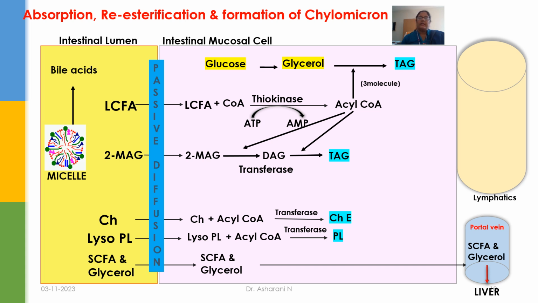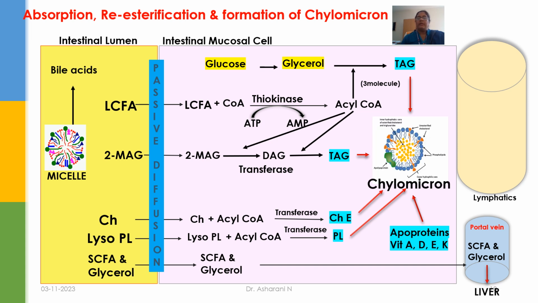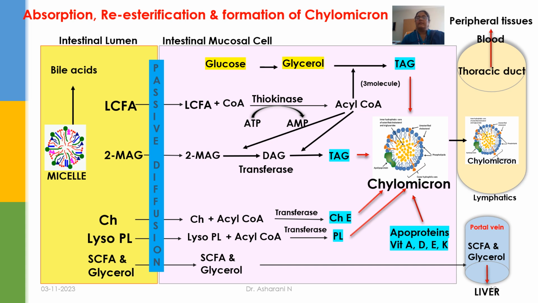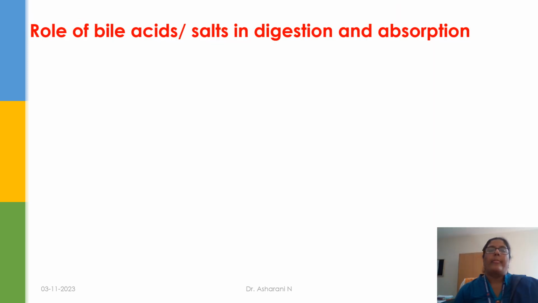All these re-esterified products, along with apoproteins and fat soluble vitamins, assemble and form chylomicrons, and these chylomicrons enter the lymphatics, that is the thoracic duct, through the thoracic duct enter circulation, and are utilized or stored in peripheral tissue.